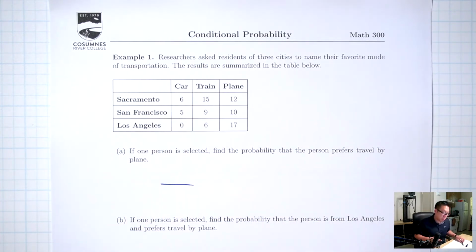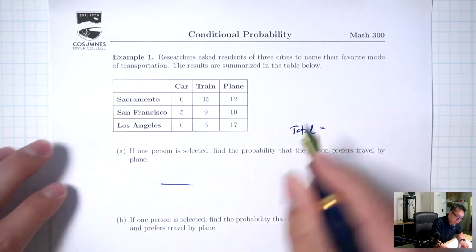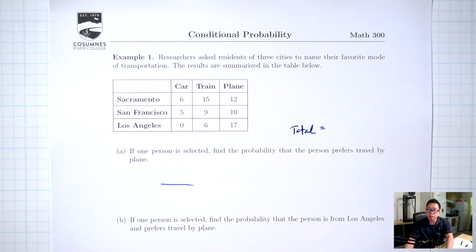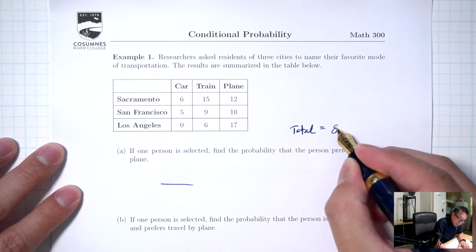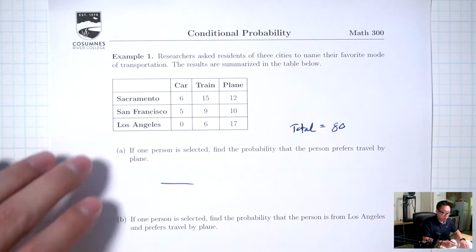So let's add up these numbers. 6 plus 15 plus 12 plus 5 plus 9 plus 10 plus 0 plus 6 plus 17. 80. Okay, 80 people total, so that's 80 people that I could pick from. That's the bottom.